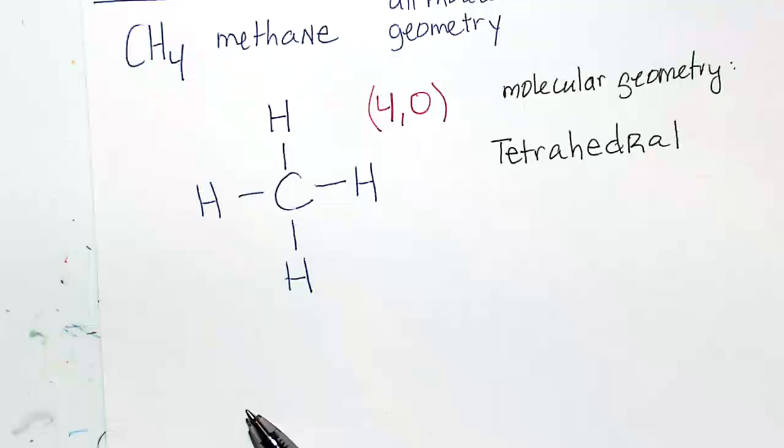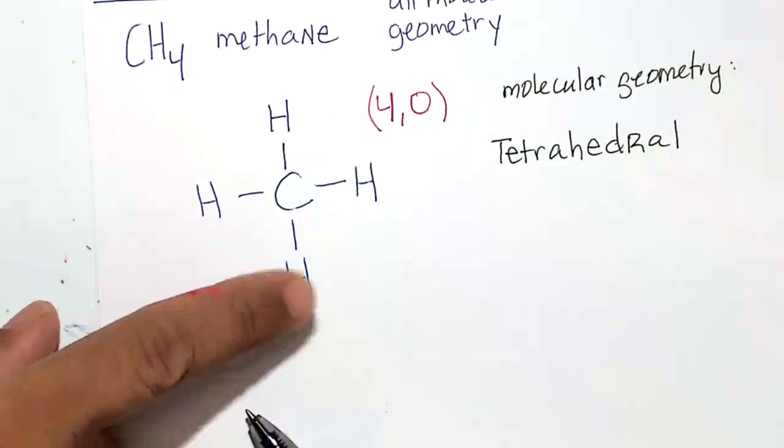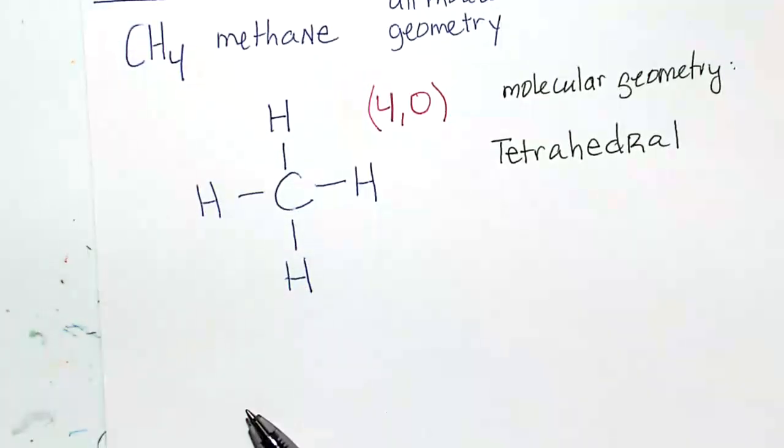Show it to the class. You can hold it any way you like. Cool. So CH4 is not the flat structure; it actually is a tetrahedron. You can even set it up on the table like this. So this is what CH4 looks like.